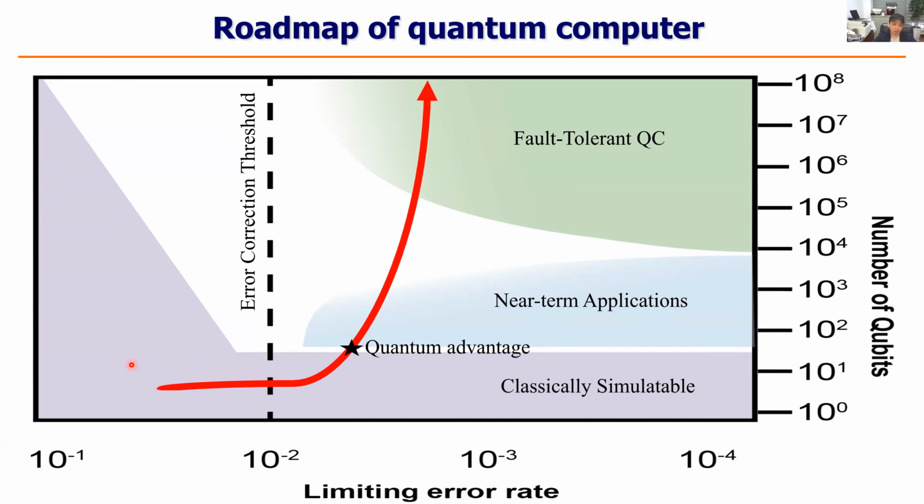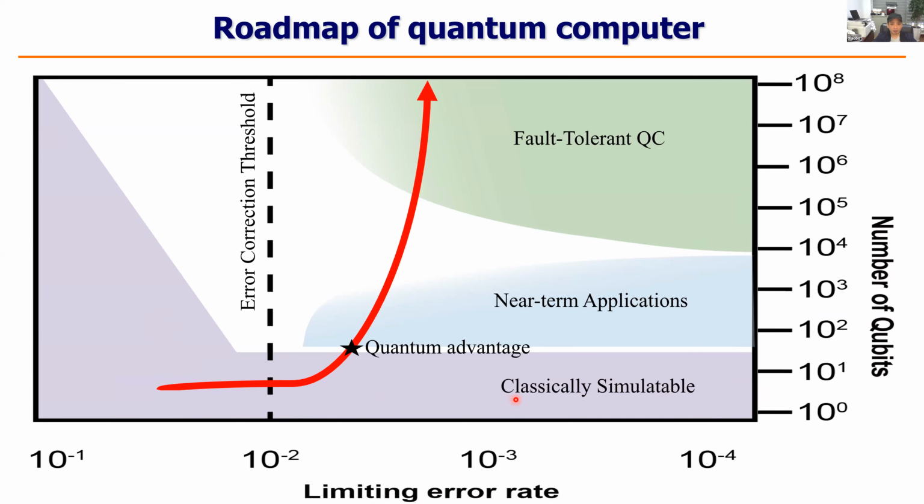That's easy to understand because for each gate, if you have a 0.1 error rate, you only have a fidelity of 90%. So if you operate the qubit 10 times, it's roughly 0.9 to the power of 10, so the error is already larger than 0.5. So after very few gate operations, the quantum information is already submerged in the noise environment.